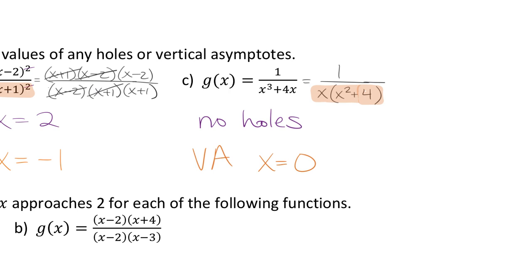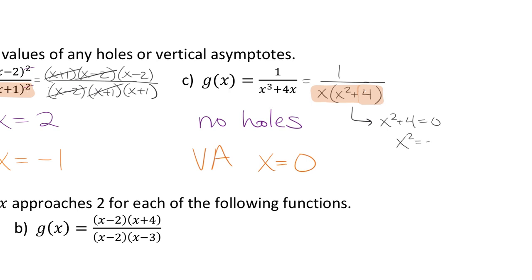Now the question is, that second factor is x squared plus 4. What we're really doing when we're finding these vertical asymptotes is we're taking each factor, setting it equal to 0, and solving for x. We've just been able to take a bunch of shortcuts because the solving for x part has been really easy.